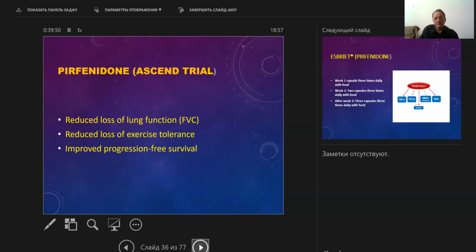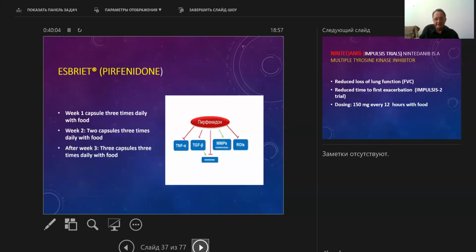Pirfenidone, according to the ASCEND trials, reduces loss of lung function, reduces loss of exercise tolerance, and improves progression-free survival.